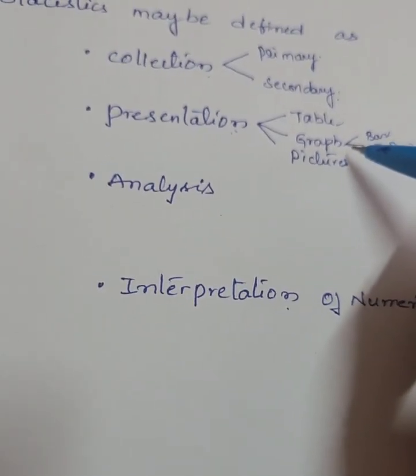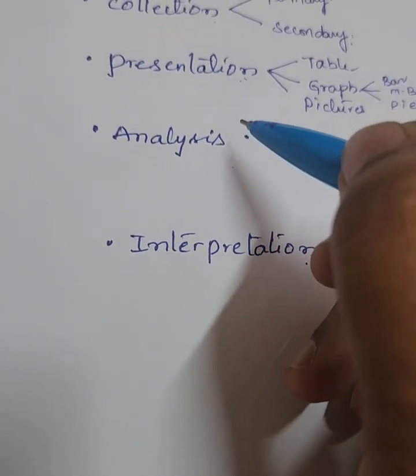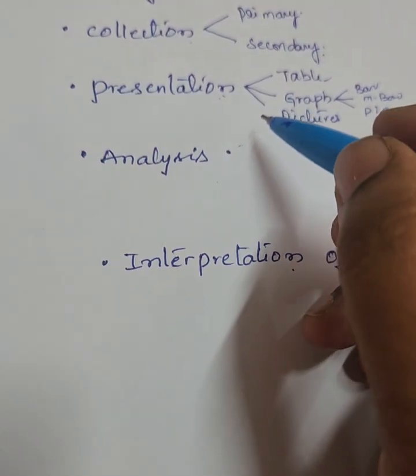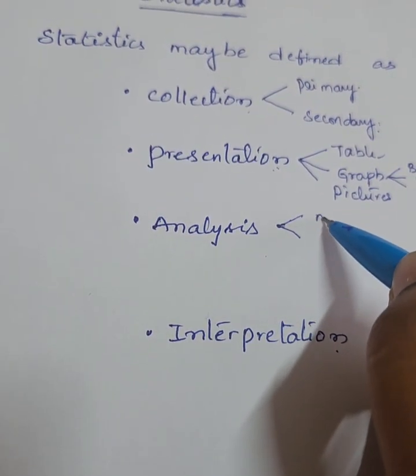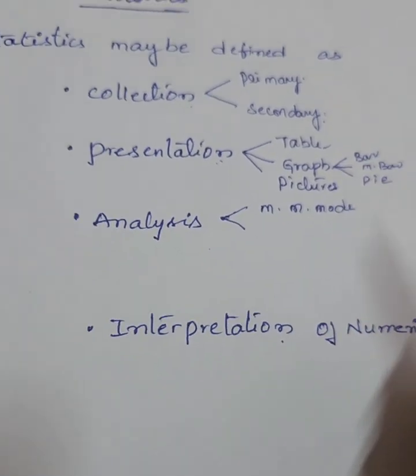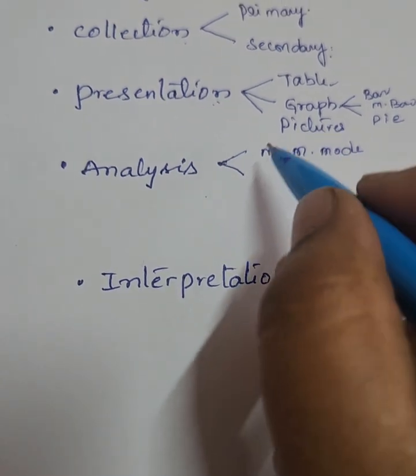And the third part is data analysis. In data analysis, this is the heart of the definition of statistics. How can we analyze data? The data analysis tools are mean, median, mode. Mean, median, mode are the basic data analytical statistical tools.